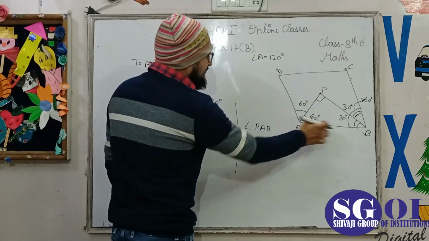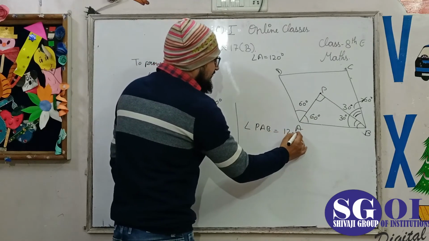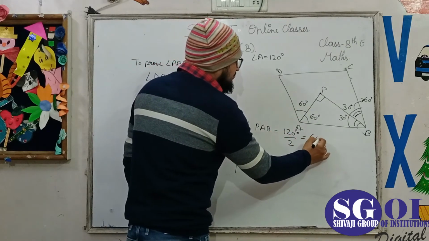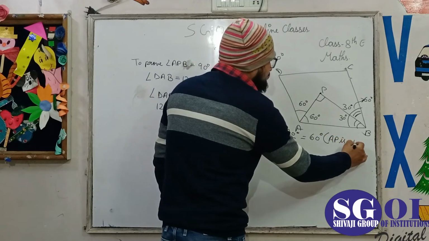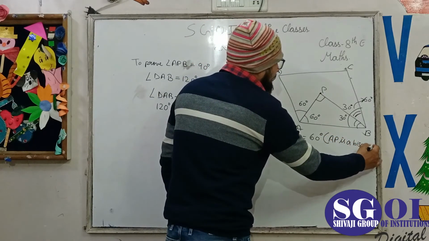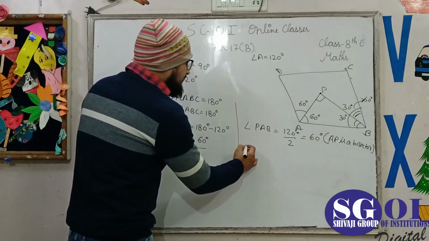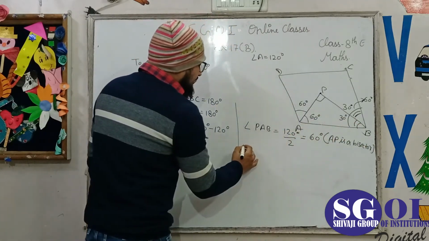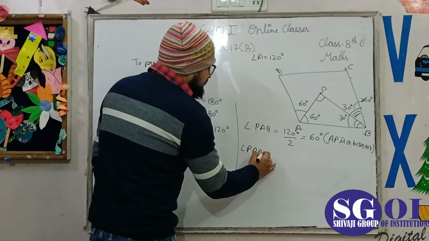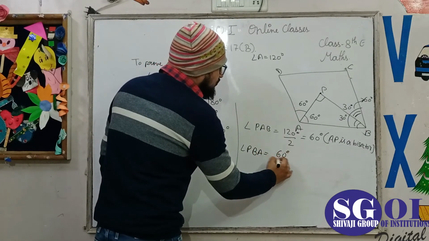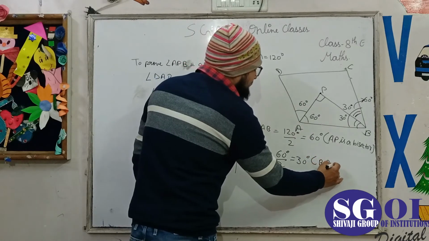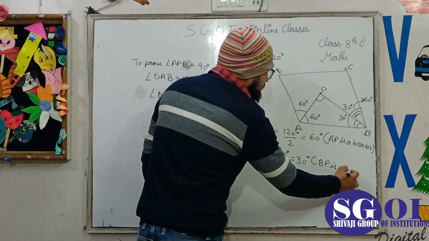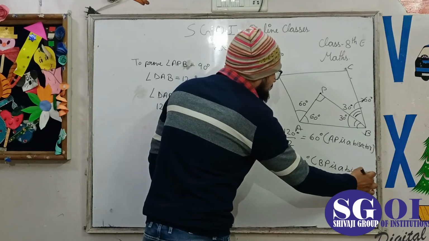How much will angle PAB be? Half of 120 degrees, that is 60 degrees. Why? Because AP is a bisector line. AP is a bisector. Similarly, angle PBA will also be equal to 60 upon 2, that is 30 degrees. Why? Because BP is also a bisector line. BP is a bisector.